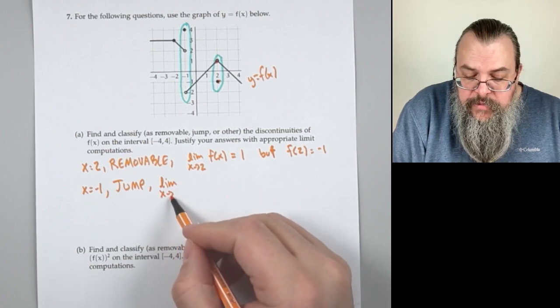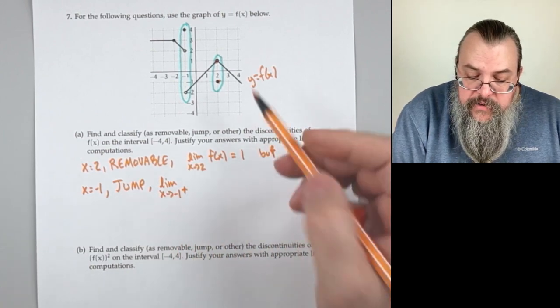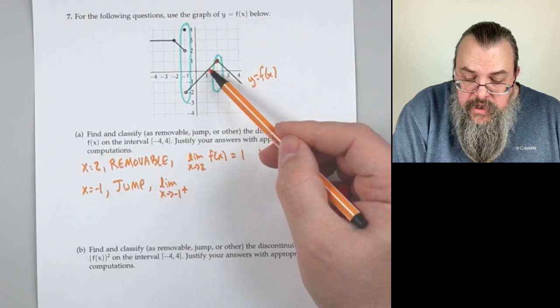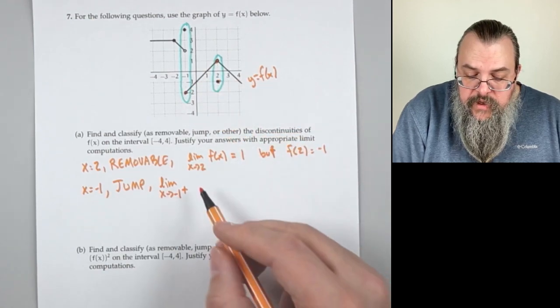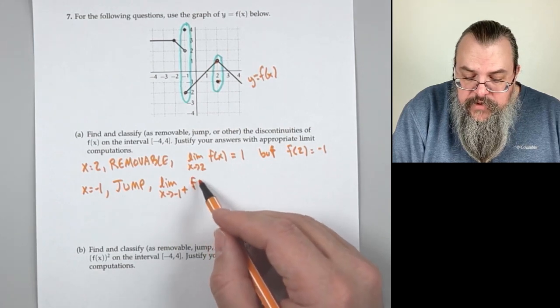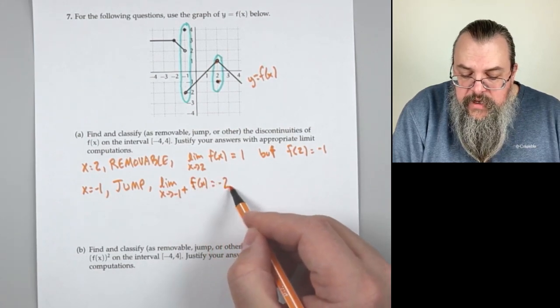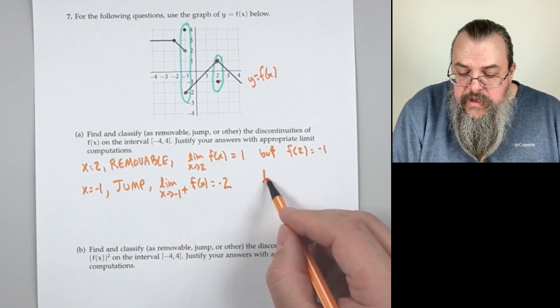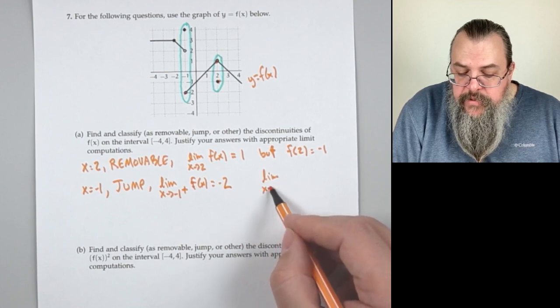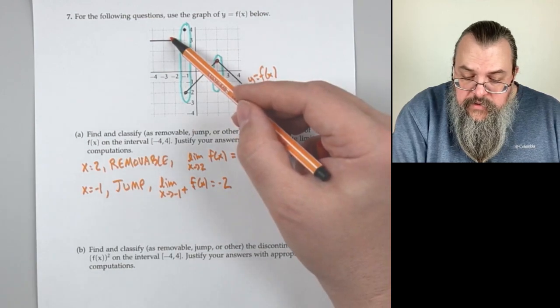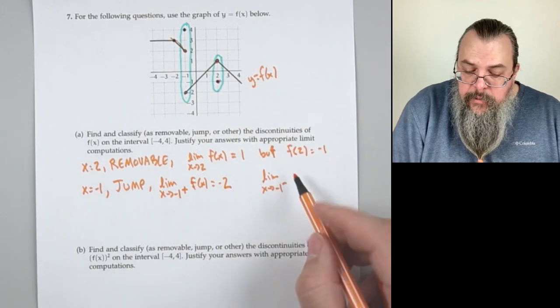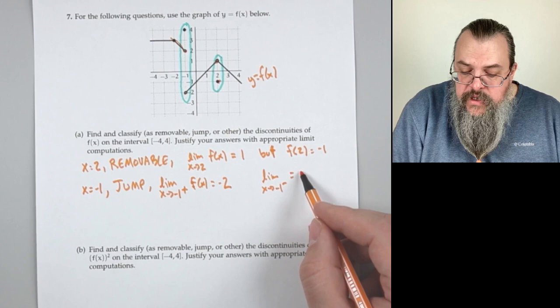So the limit as x approaches -1 from above, as we approach from above, it's going to this place. It's -2. Oh, I forgot to write f of x is -2. The limit as x approaches -1 from below, from over here, is +2.